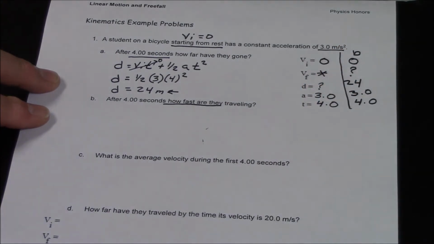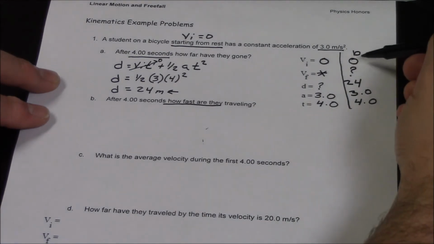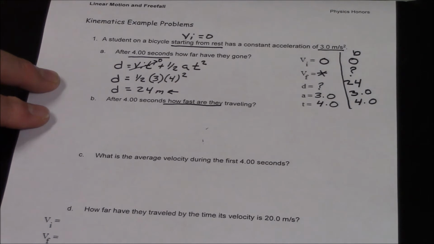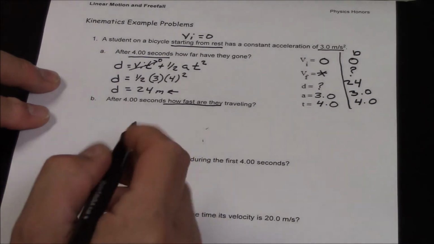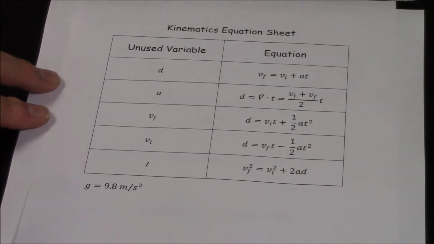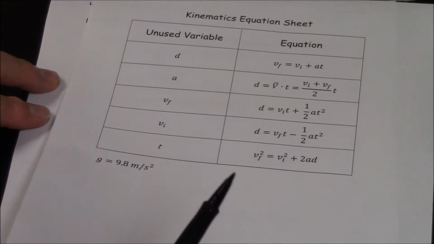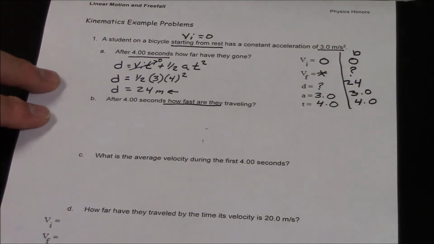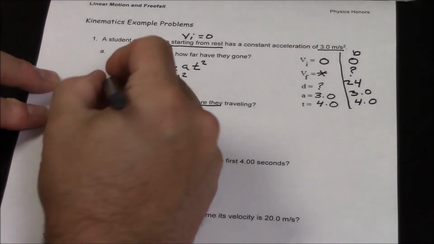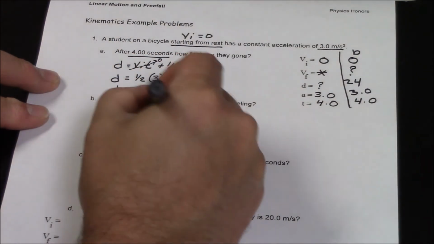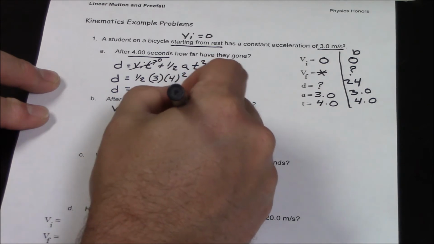Alright. So the cool thing here is now we have 1, 2, 3, 4 numbers and a question mark. What that means is we can use any equation that will solve the problem. So the equation we're going to use is equation number 1. Number 1 is oftentimes the easiest one to use. So equation number 1: velocity final equals velocity initial plus AT.